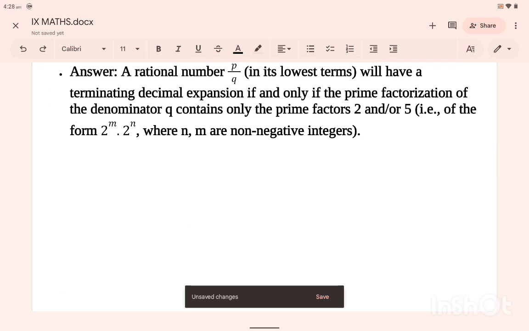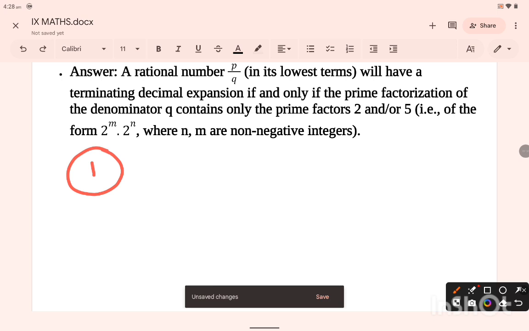Now we have here two conditions. First one, the given fraction must be in simplified form, the simplest form.